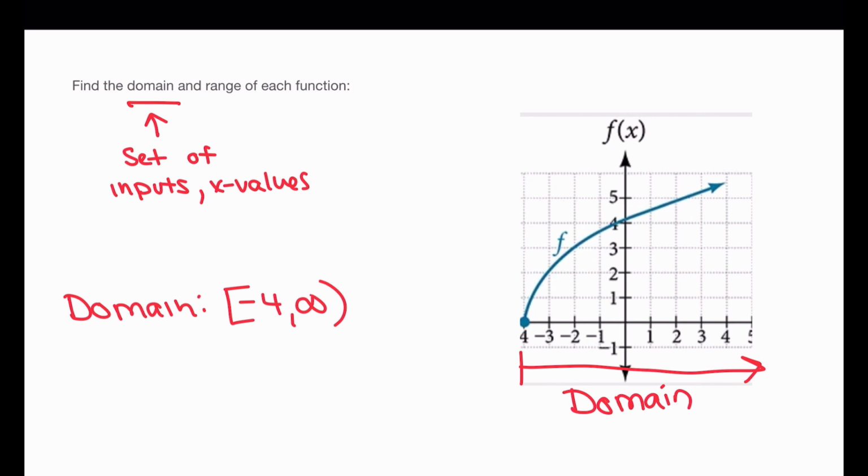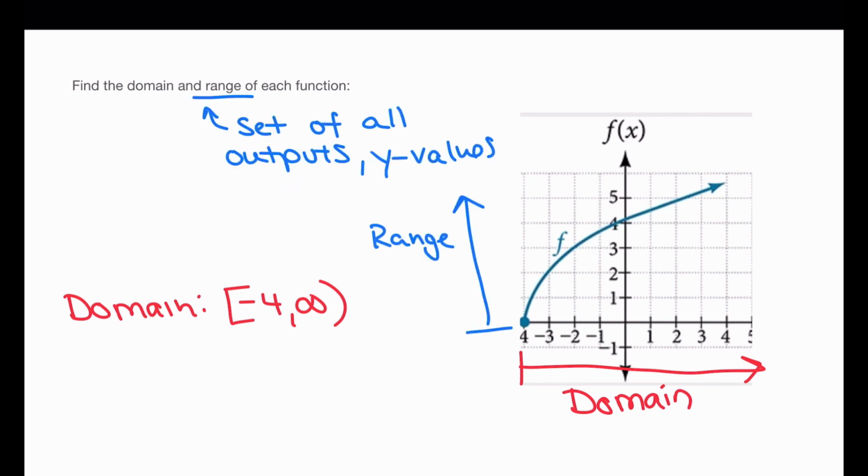Now, the range of the function is going to be the set of all outputs, or the set of all y values. To determine the range of a function, I read the graph from the bottom to the top. Range is y values. The bottom of this graph starts at that same point, which has a y value of 0.